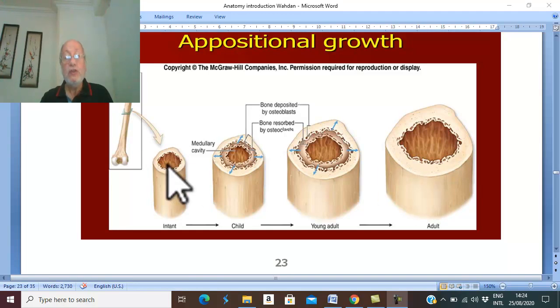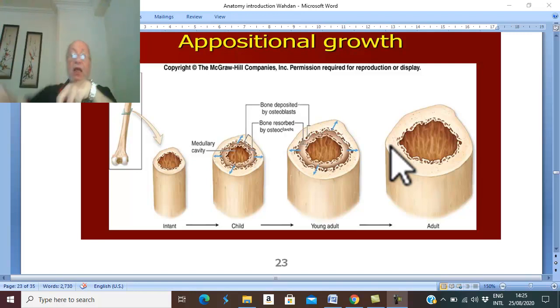This is growth in width, in circumference, in diameter: erosion in the center by osteoclasts, and deposition of new bone formation by the osteoblastic layer of the periosteum. This is the growth of bone.